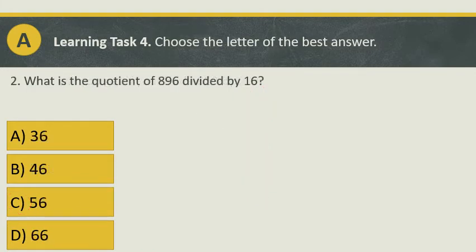Then, number 2, what is the quotient of 896 divided by 16? So, since hindi pwede sa 8, so 89 tayo. Dito tayo sa 89. So, sa 89, we have 5 16s.